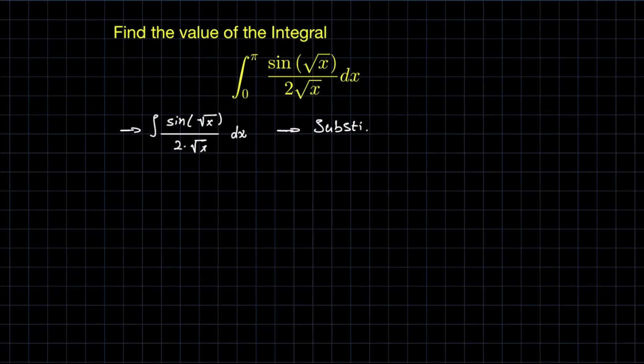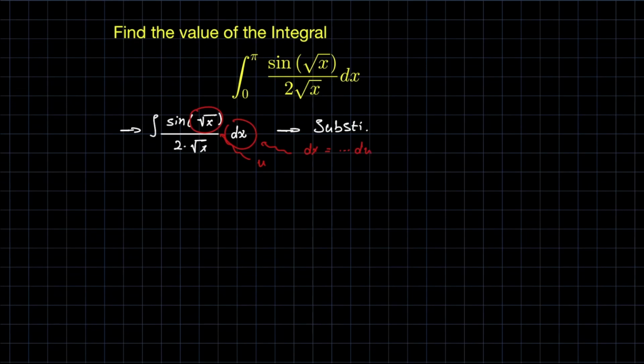Using the substitution method, I have to rewrite this integral in terms of another variable, u. The argument inside my sine function, I'll call this u. So I have to express the integrand in terms of u, and I have to express the dx in terms of du, so dx is equal to something du.